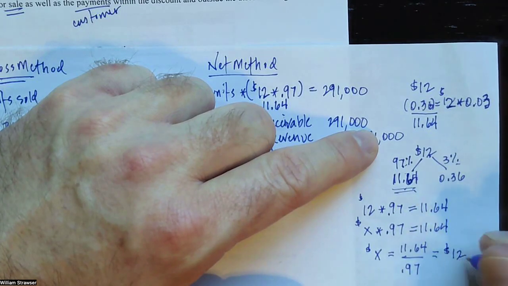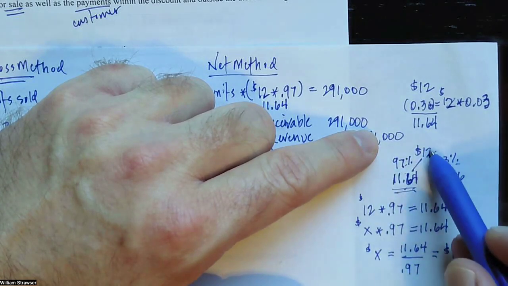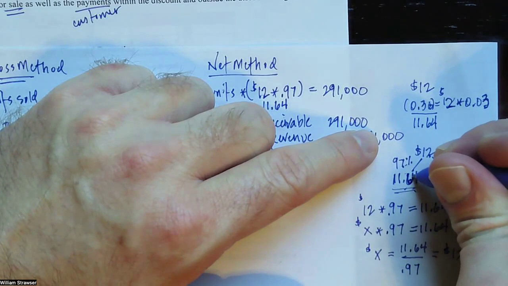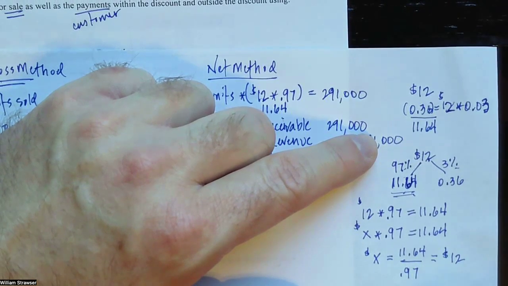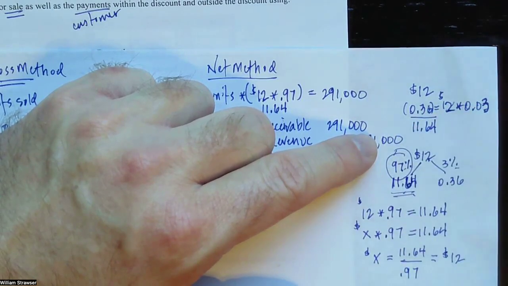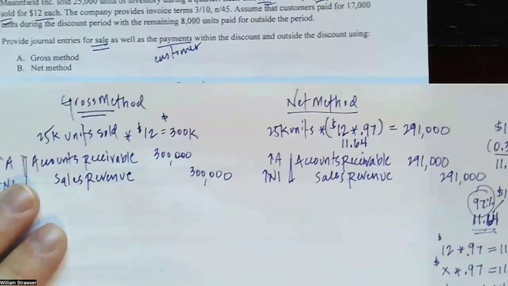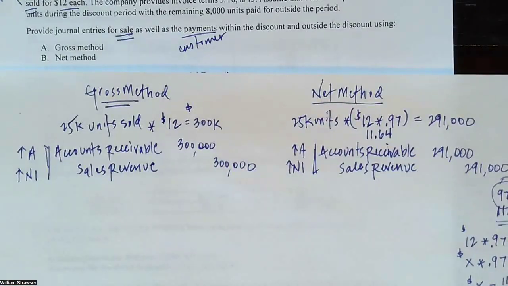So basically, I'm just undoing the multiplication. I'm inversing the operation. 12 times 97% is 11.64. Well, then to get back to 12, I have to take 11.64 divided by 97% to get 12. And it's all based on this idea of using the net of discount rate. Okay, so that's just a little side note on expediting your math in this proportion.